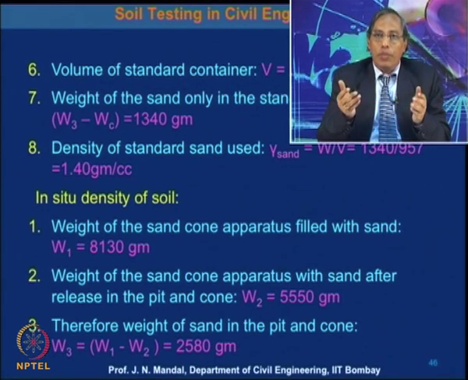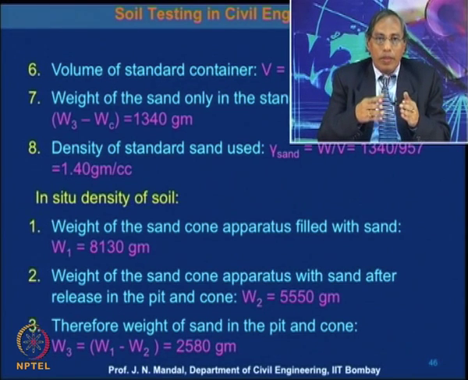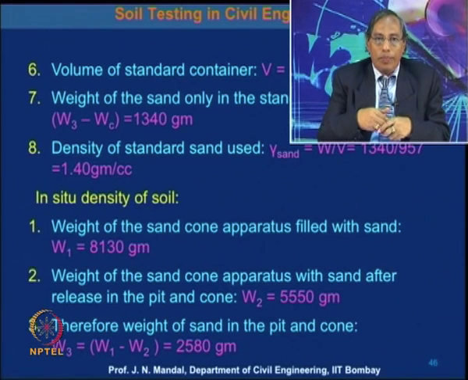Now, in case of in situ density of the soil, the weight of the sand cone apparatus filled with sand, let us say that weight is W1 and that is 8130 gram. Now, the weight of the sand cone apparatus with sand after release in the pit and cone, that is W2, is equal to 5550 gram.